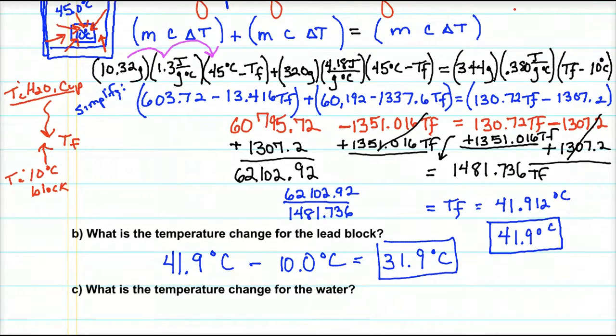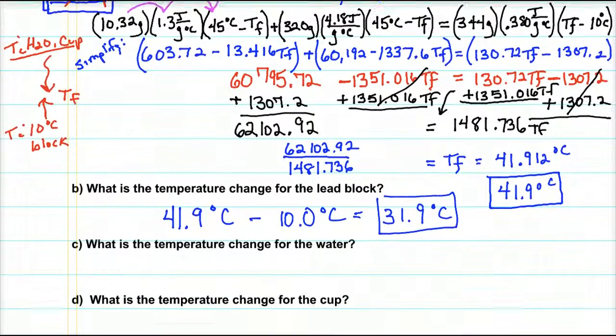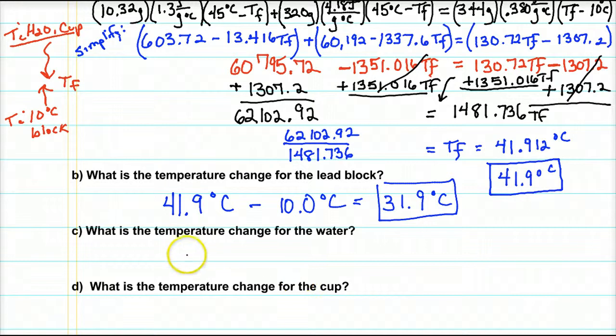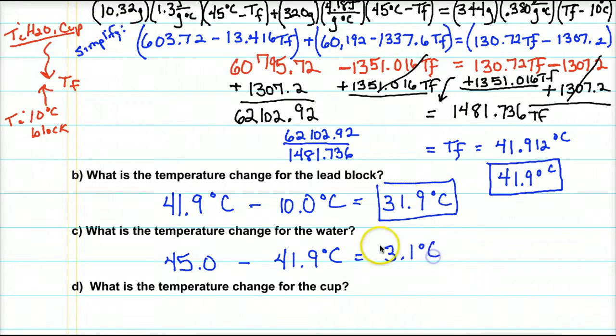And the next one, water is at 45.0. So 45.0 was its initial temperature, which is bigger because it lost energy, and it became 41.9 degrees Celsius. And that gives us a 3.1 degree temperature change.